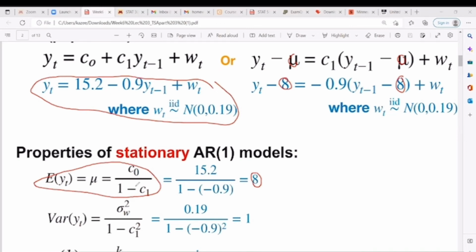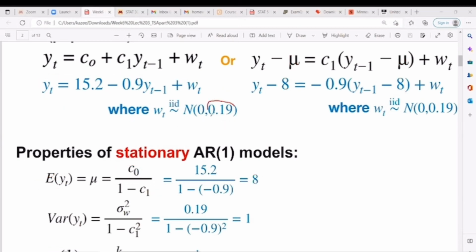Another thing I want to talk about now is the variance. You want to get the variance of YT. There's a difference between the variance of YT and the variance of WT. Give me 1 second, I'm going to clean up. If you take a look at this guy here, this is the variance of WT. Symbolically, we can also write that as sigma squared W, and right now it is given to be 0.19.